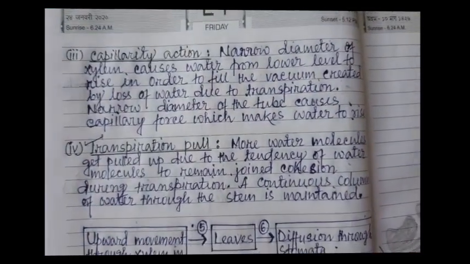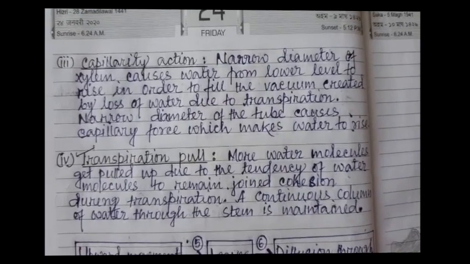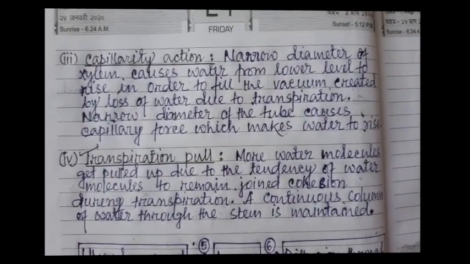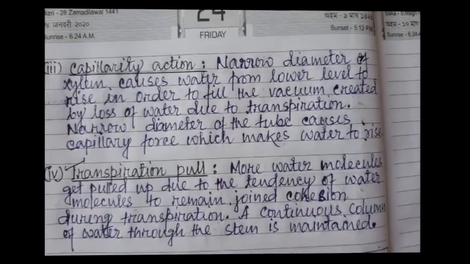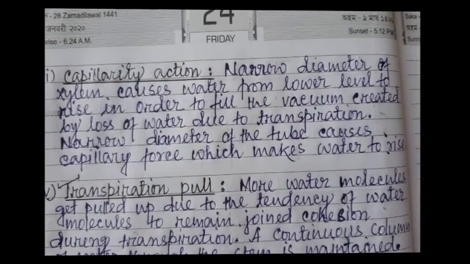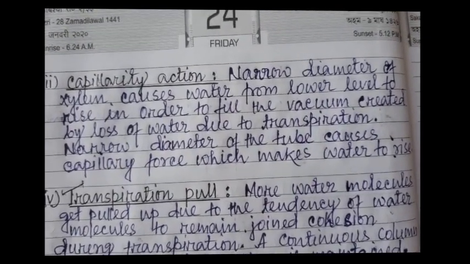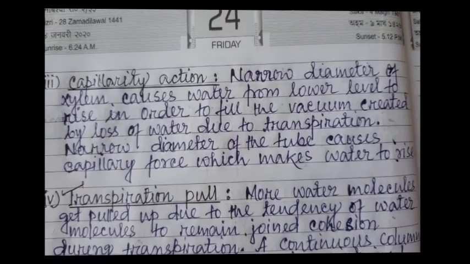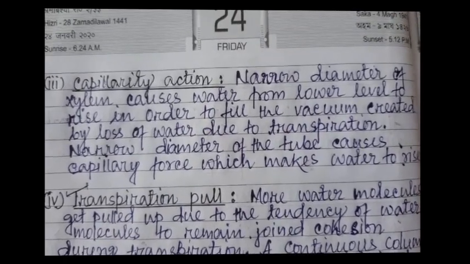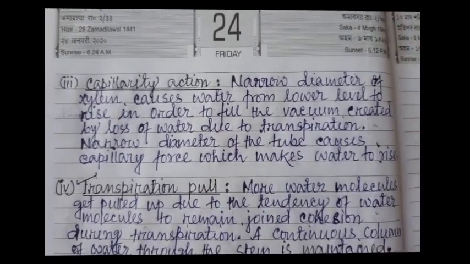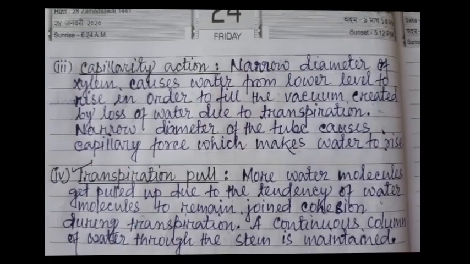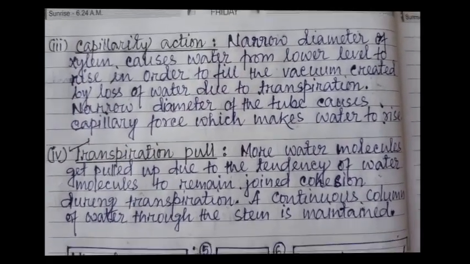Next is capillary action. The narrow diameter of the xylem causes water from a lower level to rise in order to fill the vacuum created by the loss of water due to transpiration; the narrow diameter of the tube causes capillary force which makes water rise up.